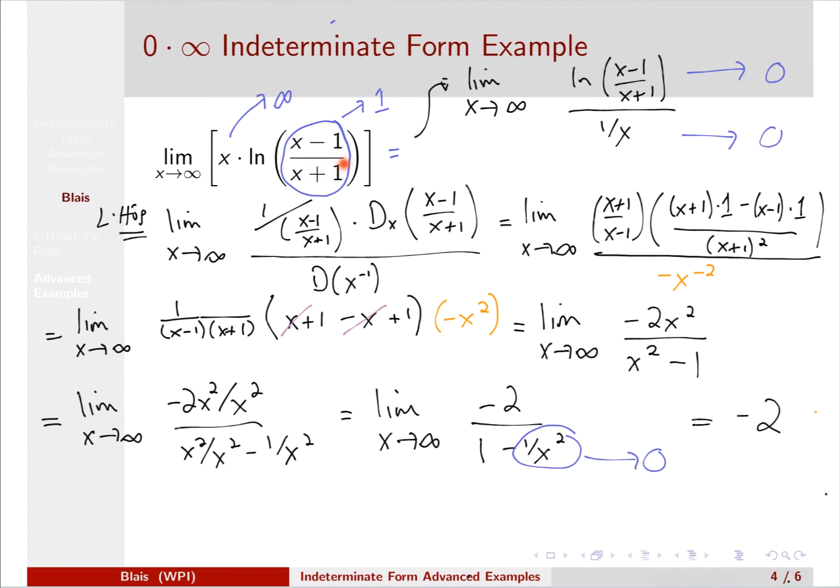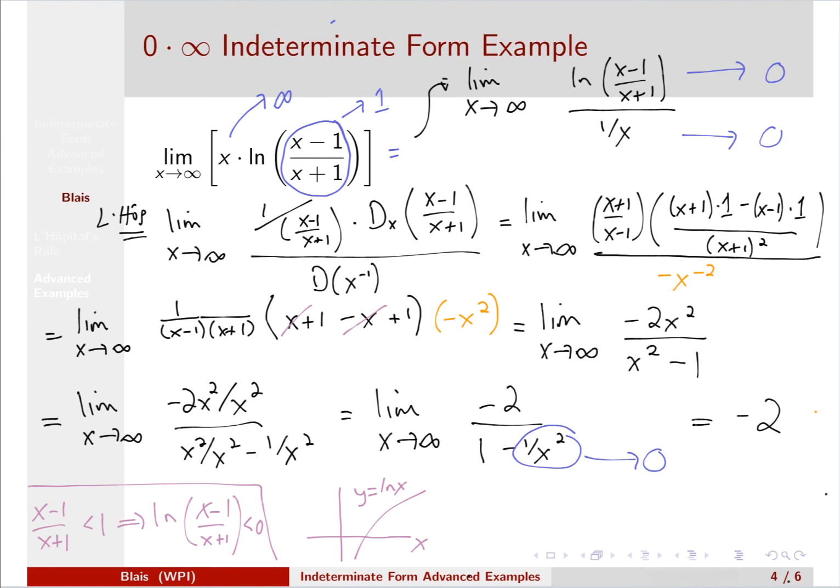And it does, because you note that the x minus 1 over x plus 1 term here, for x large, this numerator is a little bit smaller than the denominator, which means it's less than 1, which means the natural log of that x minus 1 over x plus 1 is negative, because we know our natural log function.